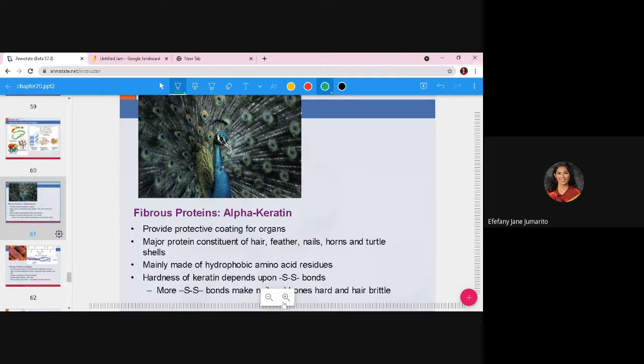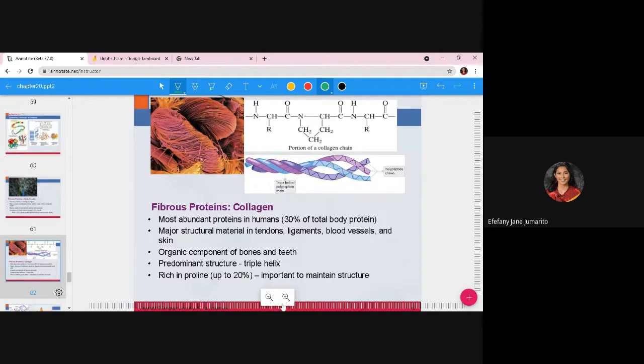That's why mga shampoo na to are na mga keratin for long elastic hair. We have this one, fibrous proteins. We have the collagen, for the rigidity of your bones and then your teeth.